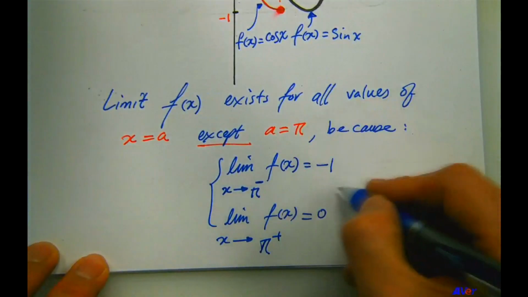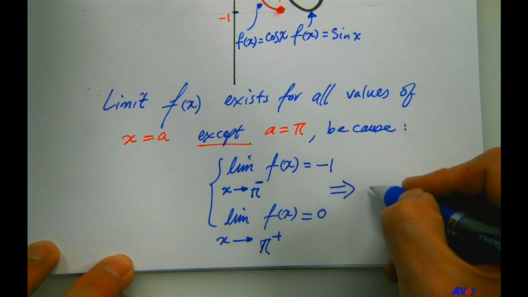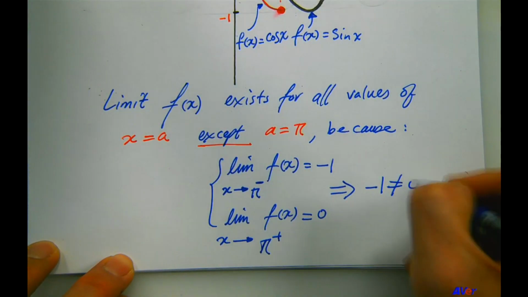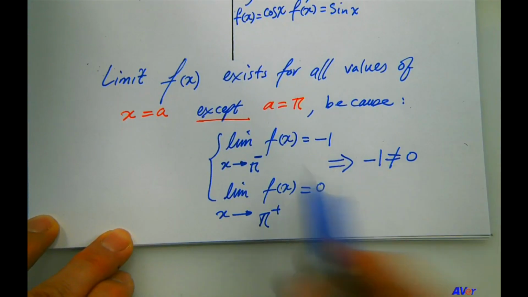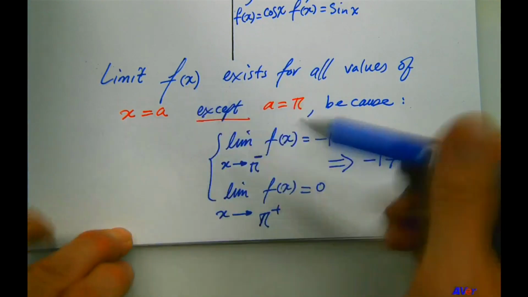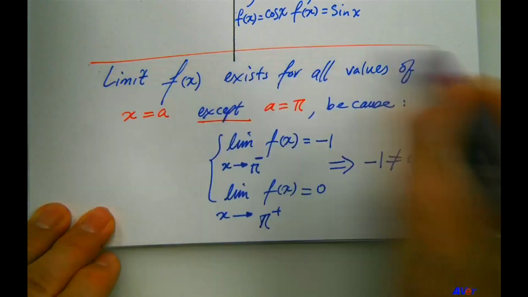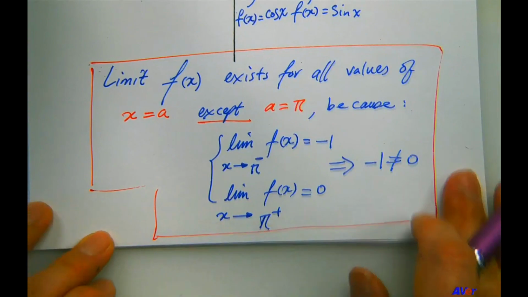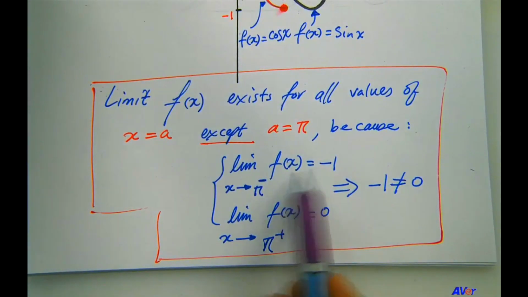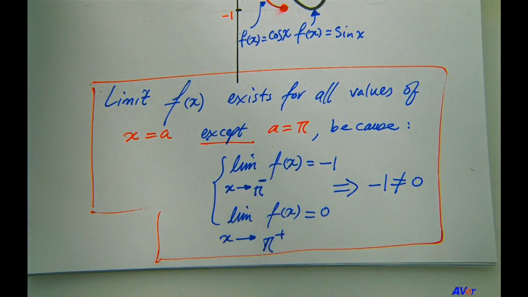From the graph we can see that. Therefore, -1 is not equal to 0. So basically our answer is this, that for all values of x equals a, there is a limit except for pi. Okay. All right.